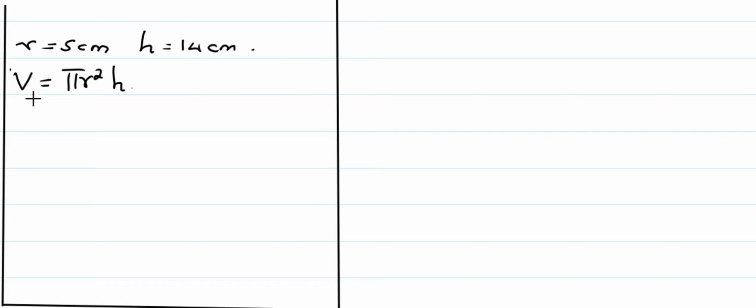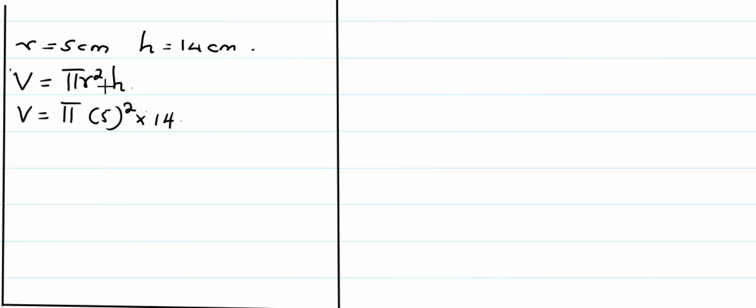So then it means volume V will be equal to pi multiplied by R squared, and we know R is 5, so it is 5 but now squared, then multiplied by 14.